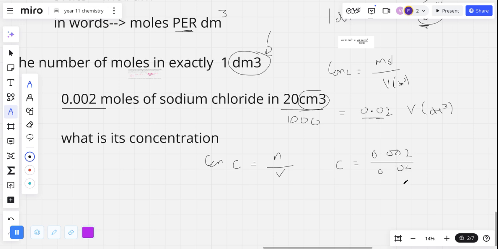That should give us 0.1 moles per dm³. I think. I'm being a very bad man and not using a calculator. There's your answer.